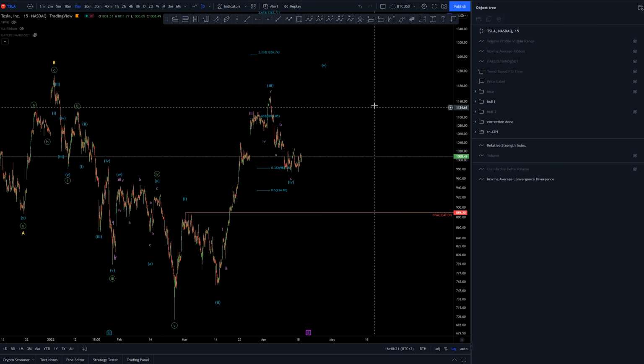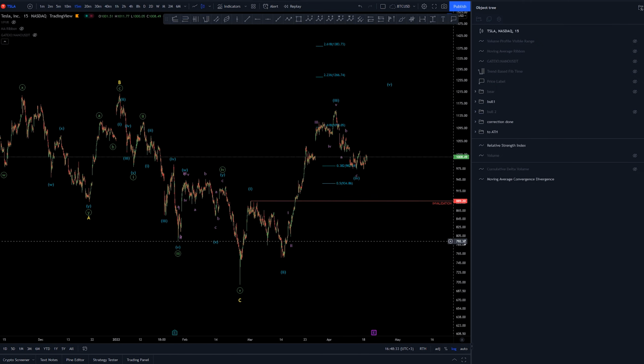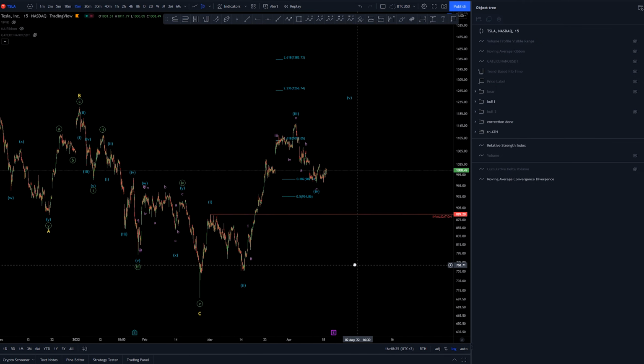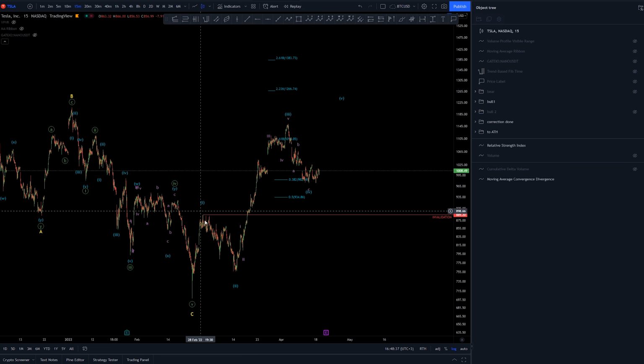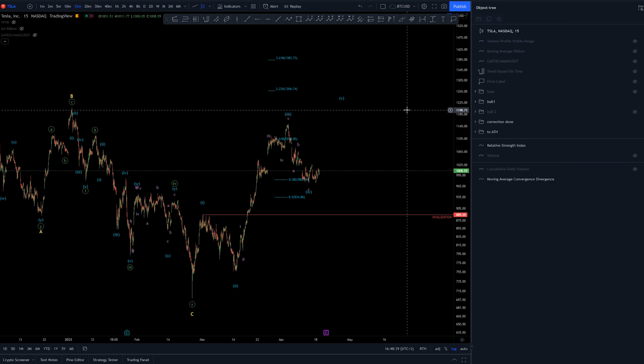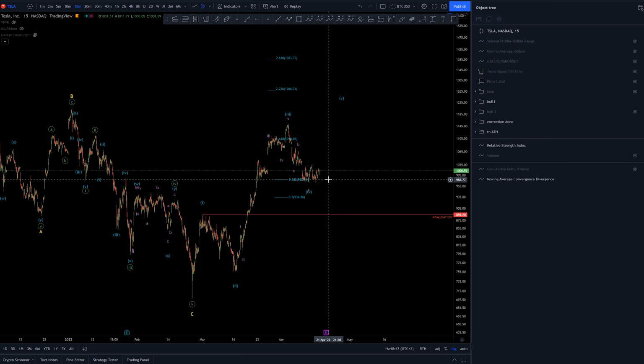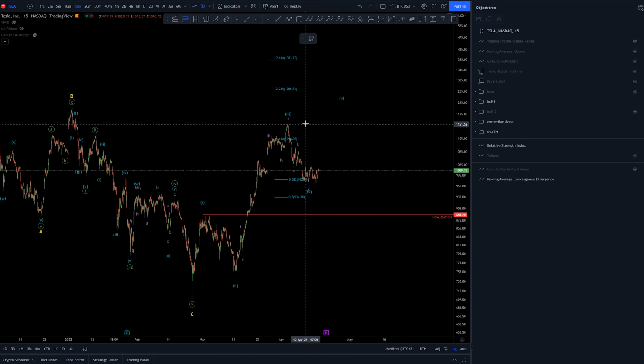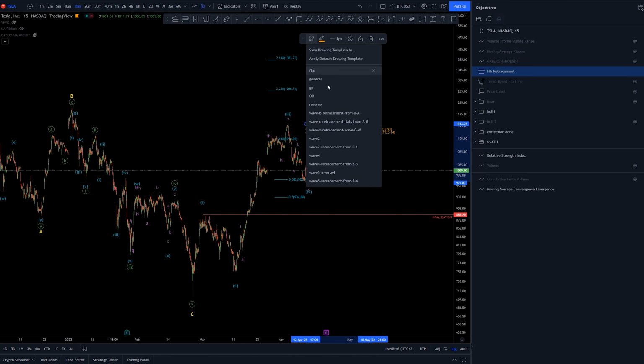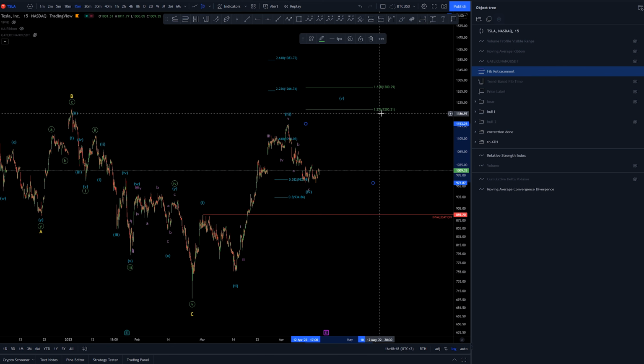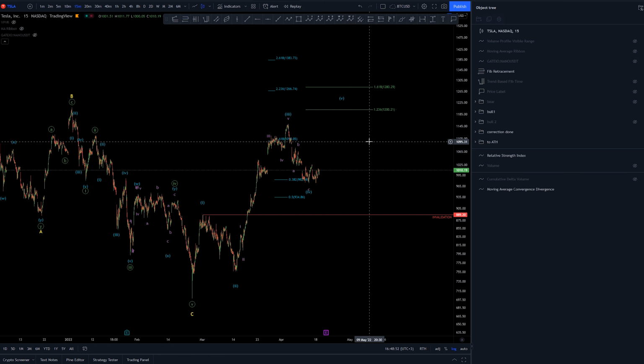Whichever way this comes to, I'm still going to be buying at a lower point if it goes there. Again, if this is a wave 5, we would be looking for a bit higher, roughly areas of $1,200 to new all-time highs around this area.